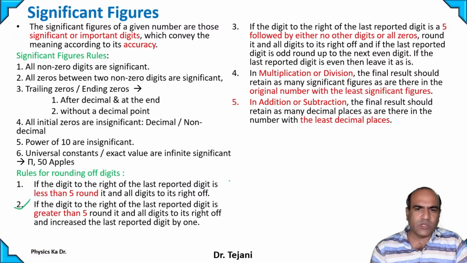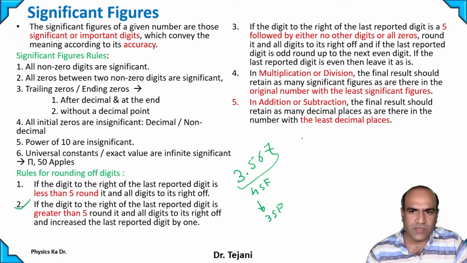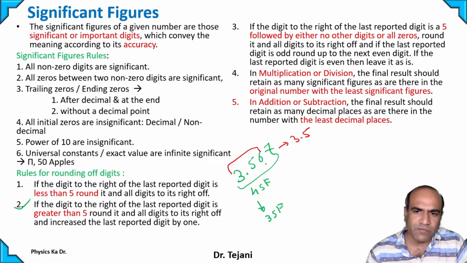This is rule number 2. Say for example 3.567, which currently has 4 significant digits. We just need to convert this into 3 significant digits. We need just 3 digits, so it becomes 3.5, but we need to think about this digit, and for that we need to check the next digit.